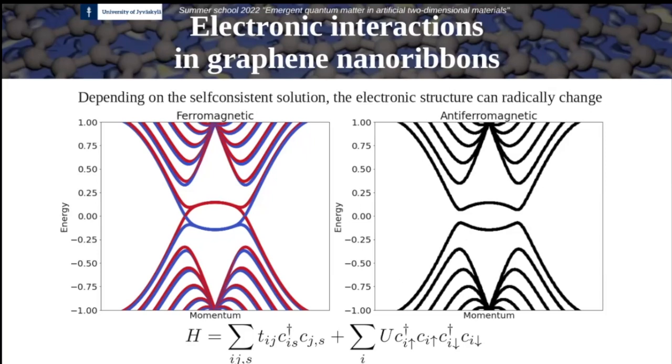We can also find cases in which one self-consistent solution gives rise to superconductivity, the other gives rise to a charge density wave that is an insulator, so clearly different states. You can also find many different systems in which you can stabilize many different magnetic solutions at the same time, and so forth. So now the question is, how do we know which one is our ground state? How do we know which of our self-consistent solutions give rise to the lowest energy state, and of course the one that we expect in the experiment?